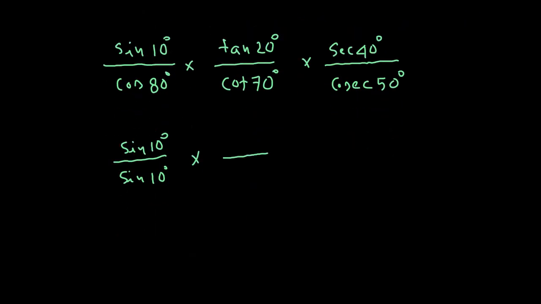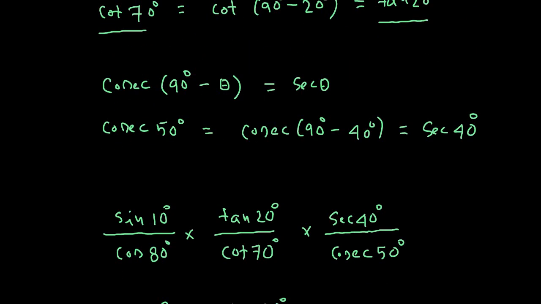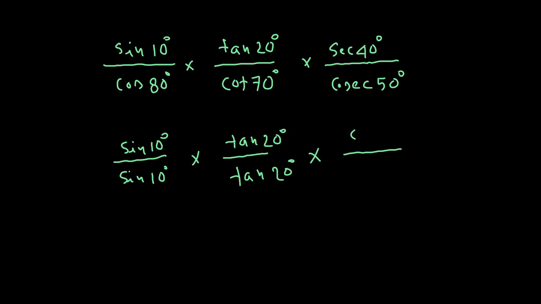So we can write tan 20 degree by tan 20 degree times, we have the value of cosec 50 degree, and the cosec 50 degree is sec 40 degree. So we'll put the value here. So we have sec 40 degree by sec 40 degree.